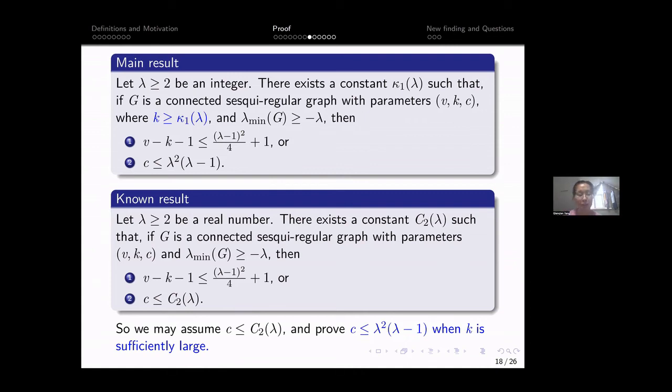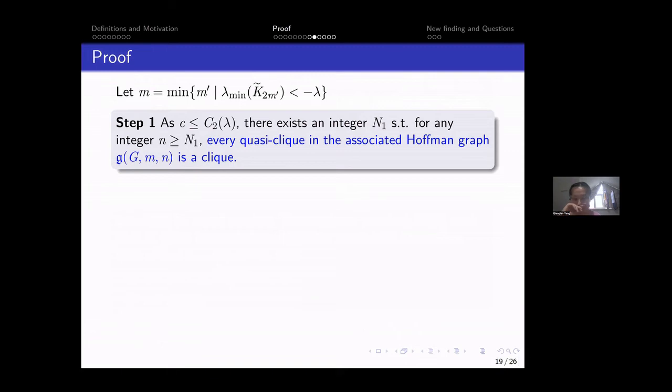The proof has 4 steps. As I said before, we want to use the associated Hoffman graphs to prove the result. So we first need the graph K2M tilde.